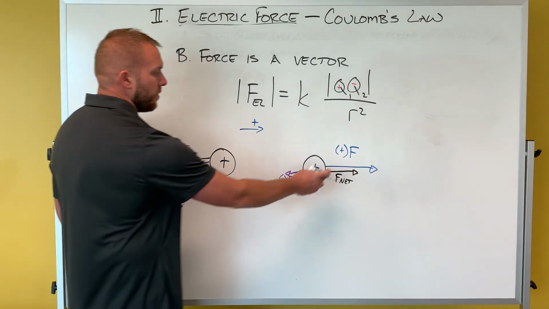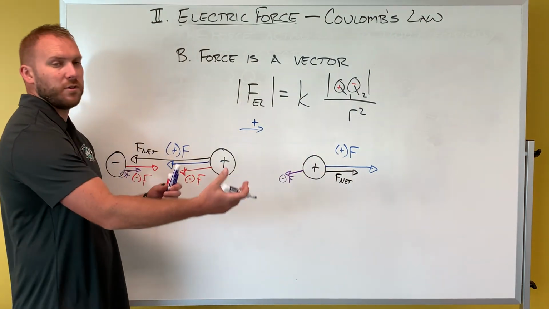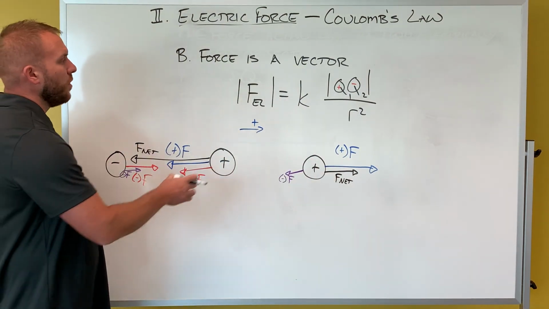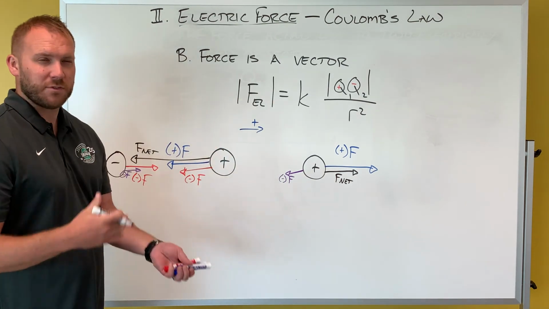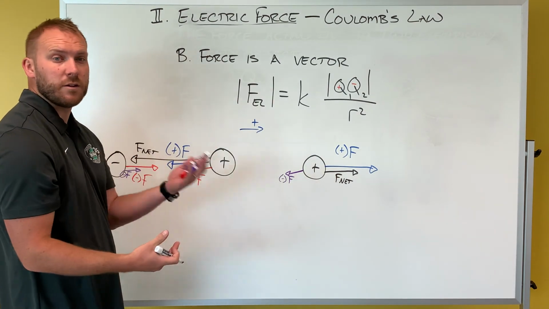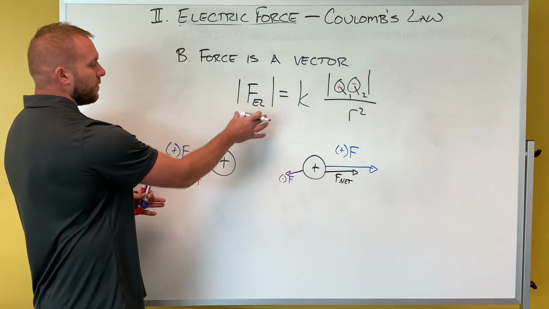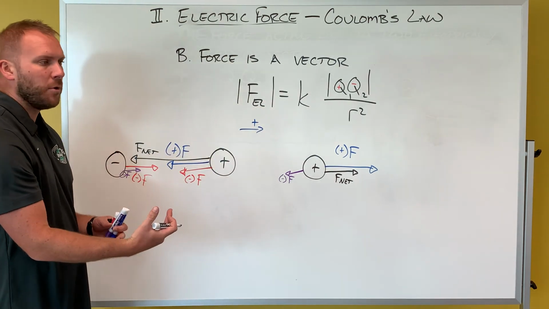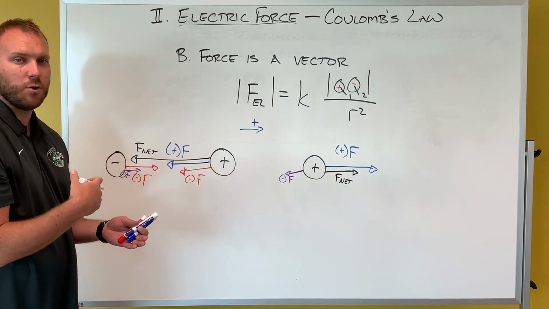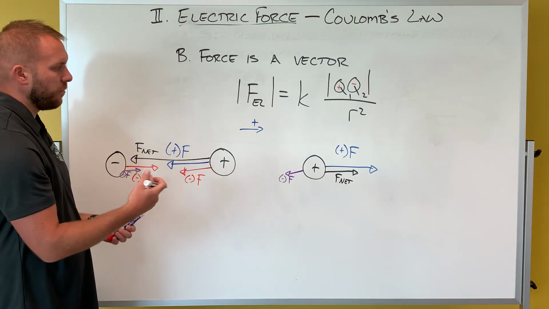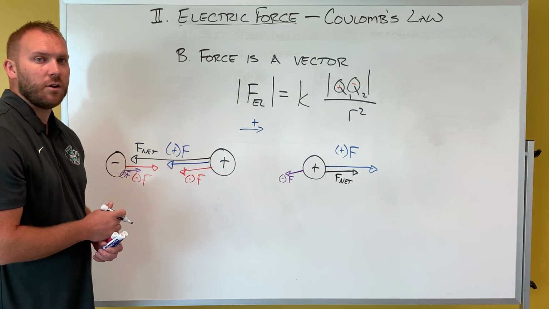But it would be smaller than my positive force because my negative force is trying to pull it to the left. So even though this is a vector, and vectors typically, positive is typically to the right, negative is typically to the left, in electrostatics, we are just concerned about the magnitude, and then based on the physical setup, we have to understand if it's attracting or repelling in terms of how those forces are actually acting on each charge.